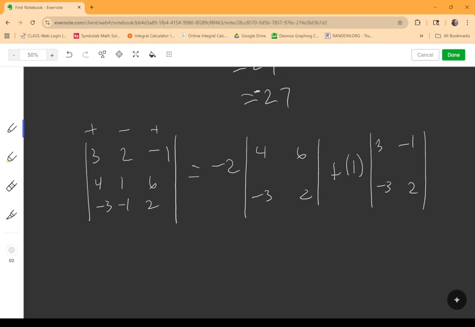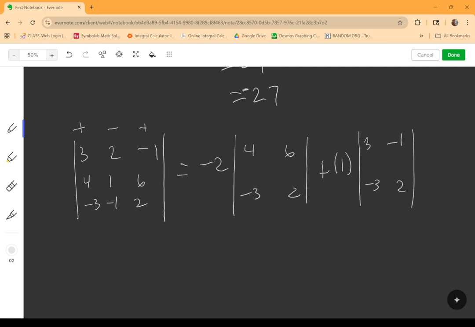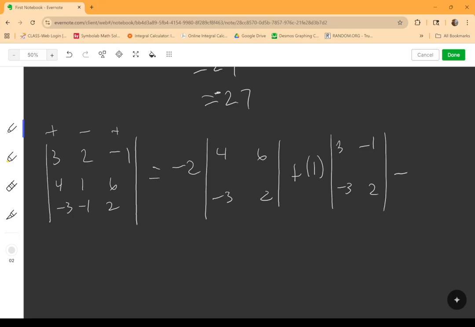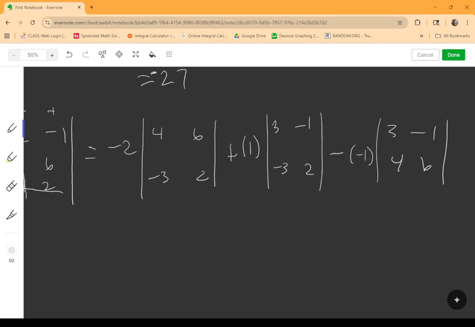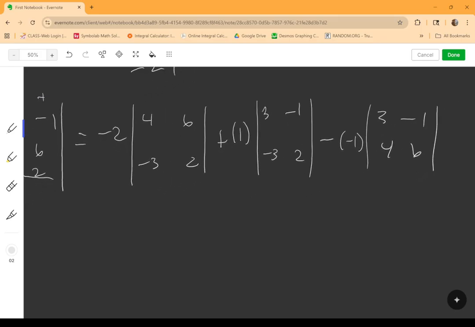All right. And then lastly here, I'm at -1, so minus, plus, minus. So we're at a minus, a -1. And the resulting submatrix here, again, I'll do this one so you could see it. 3, -1, 4, 6. Okay. And then doing the determinant here.